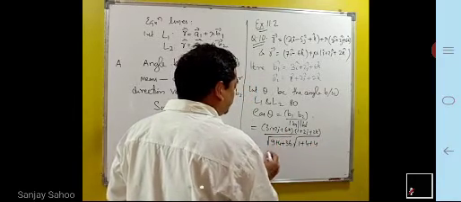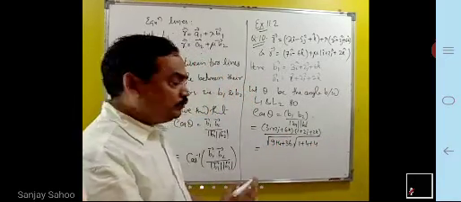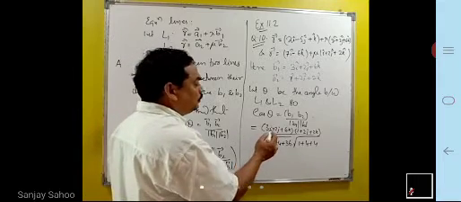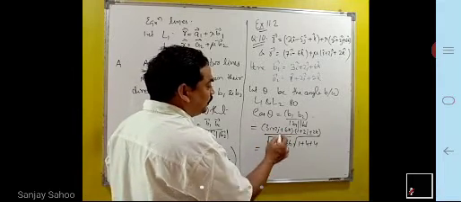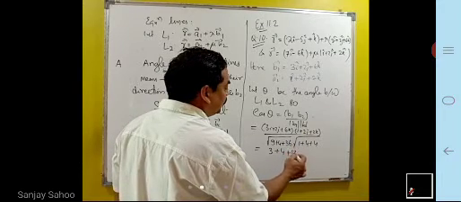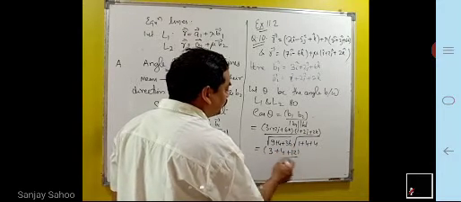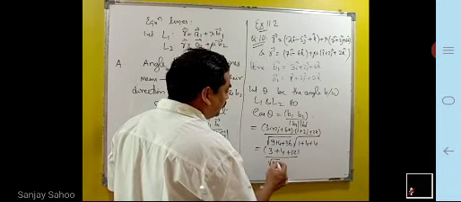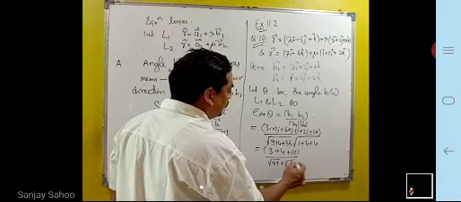The dot product will be equal to 3 into 1, 3; 2 twos are 4; 6 twos are 12. And upon root 49 into root 9.